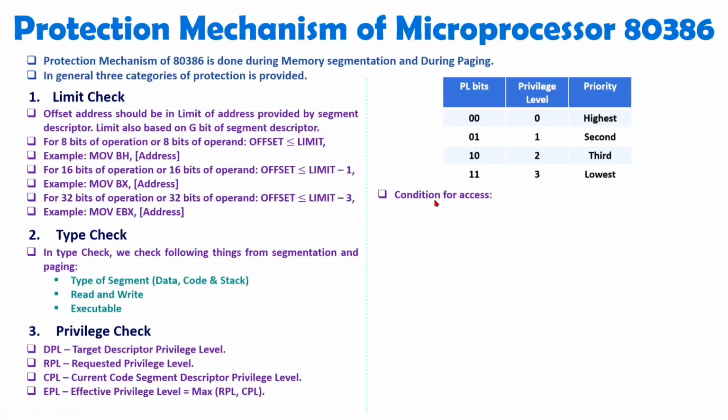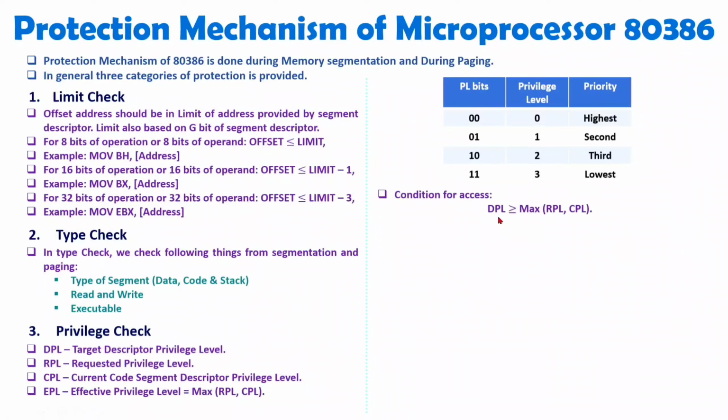So the condition for access is DPL, meaning target descriptor privilege level, should be greater than or equal to maximum of RPL or CPL, and that is also referred to as EPL. So you can say target descriptor privilege level should have a higher value compared to EPL, and then only user can access the memory. Otherwise target descriptor will not allow access of memory to user.